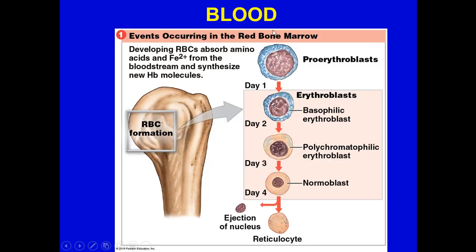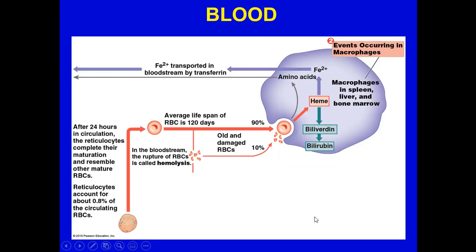And you can see this as we talk about events in the bone marrow production. You go proerythroblast, erythroblast, the various stages, and eventually you get to the normoblast, which then does an ejection of the nucleus, the reticulocyte, and a short time after that becomes a full mature RBC. Now, since we've been talking about this, let's talk about what happens at the end of the lifespan of an RBC.